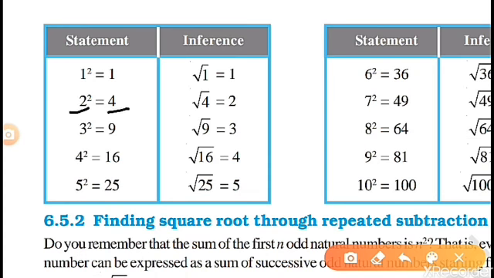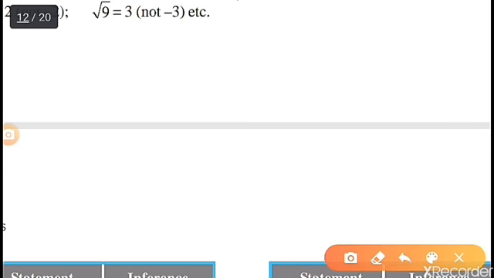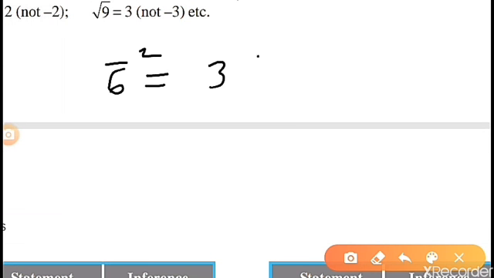So in this way, if we square any number, for example 2 squared is 4, and if we take the square root of 4, we get 2. Squaring a number is an operation, and taking the square root is the reverse operation of the square. If we square 6, we get 36.